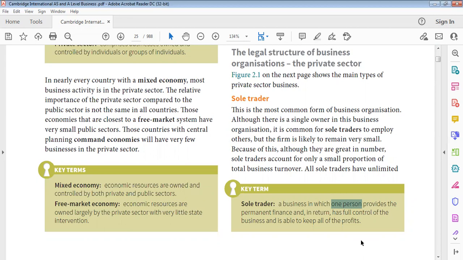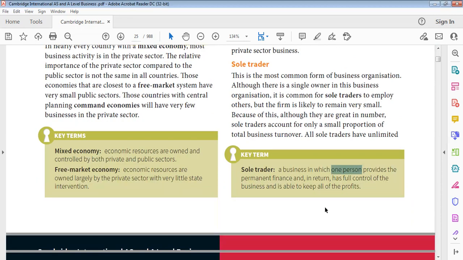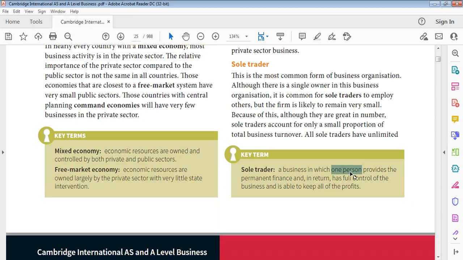According to the rule, all sole trader businesses must have only one owner, one person. And usually he is the owner and he is also the manager.